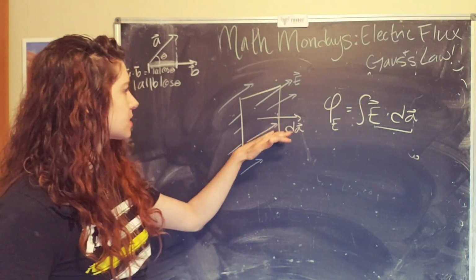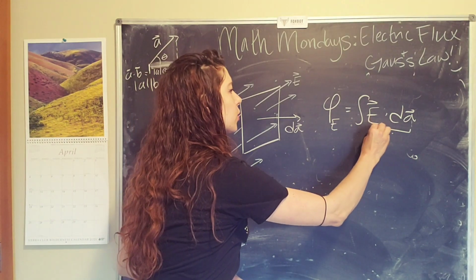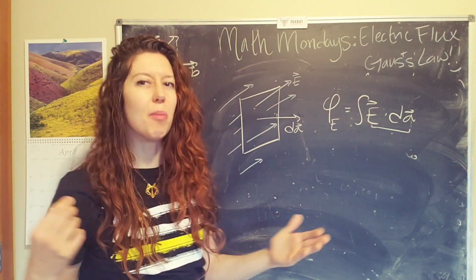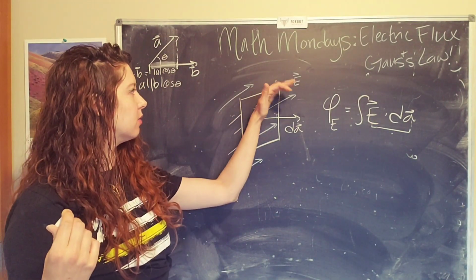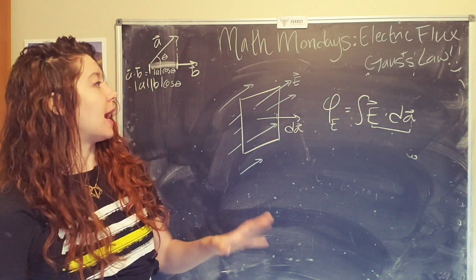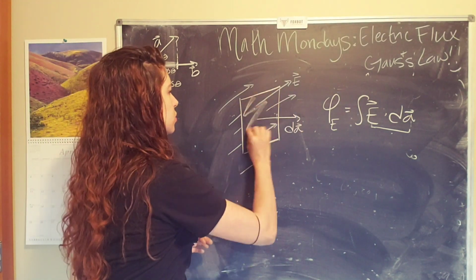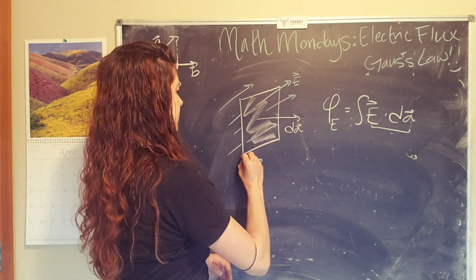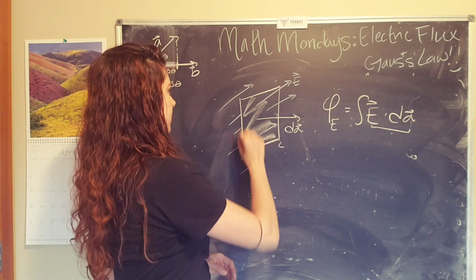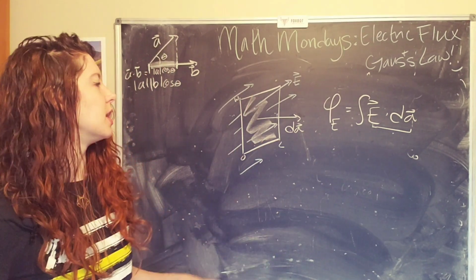So this equation allows you to go through and add up all of the contributions of the electric field along the surface. Because you're adding up all of them over the whole surface, you would maybe have this from 0 to L, and then from 0 to, I don't know, W. I'd probably switch those.